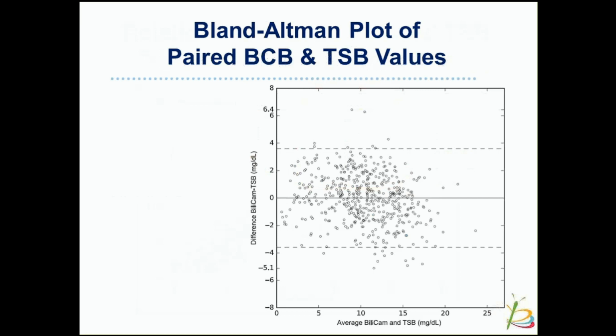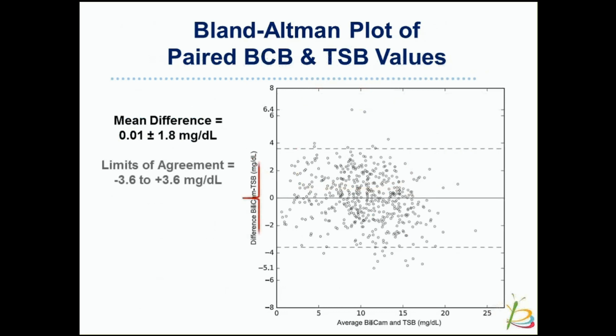Before we look at the mean difference, on the y-axis we have the difference between the BiliCam bili and the total serum bili, and on the x-axis we have the average of the BiliCam bili and the total serum bili. The horizontal solid line here is the mean difference, which is 0.01 plus or minus 1.8 milligrams per deciliter.